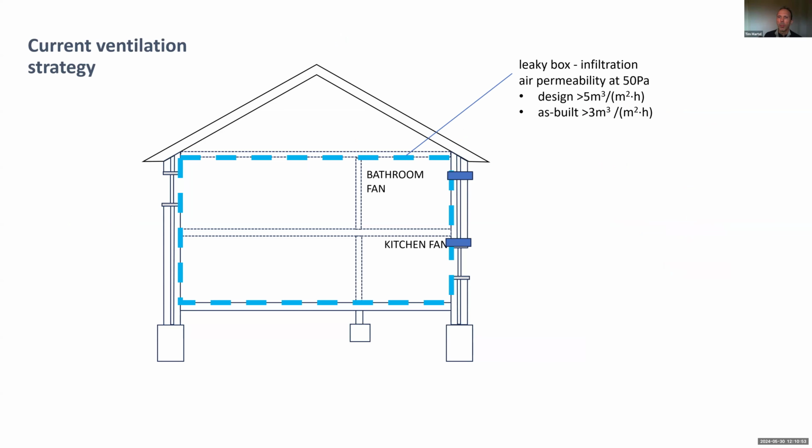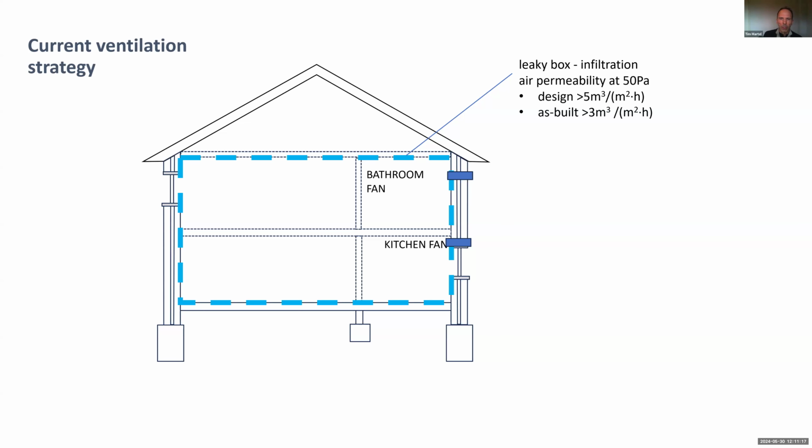You can't have it any more airtight than the figures there, because that delivers part of the air requirement for the house, and the air requirement is needed not only for you to breathe, but also for dealing with moisture, the various moisture sources that are in the house.